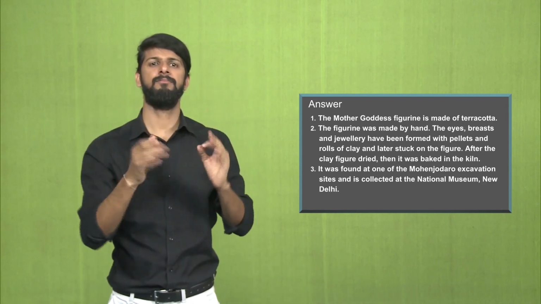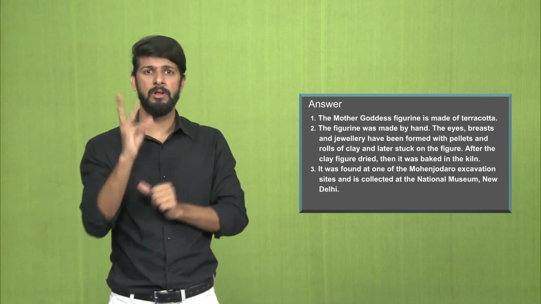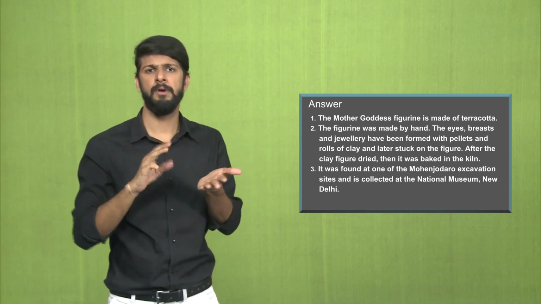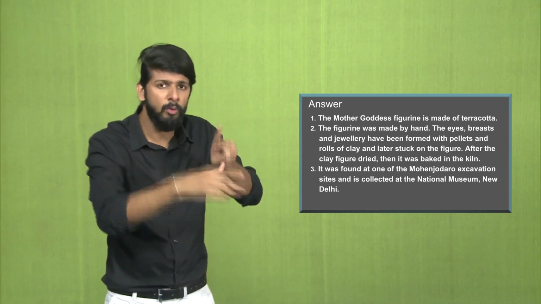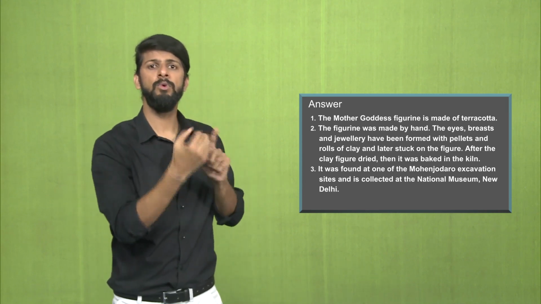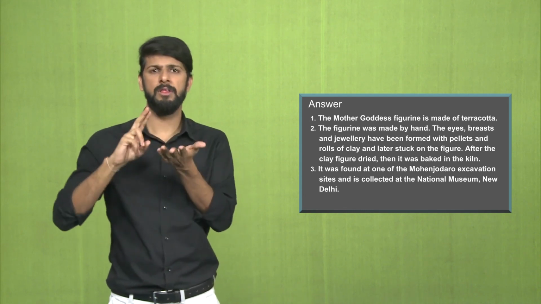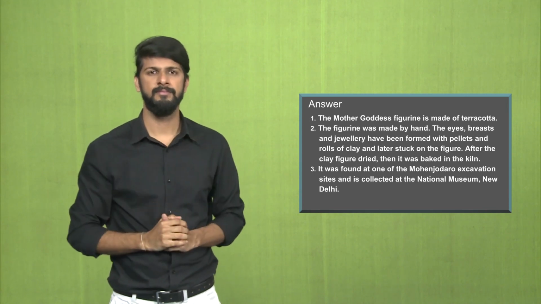Lastly, the clay figure was dried and then it was baked in the kiln. The mother goddess figure was found at Mohenjo-daro during the excavations and is now collected at the National Museum at New Delhi.